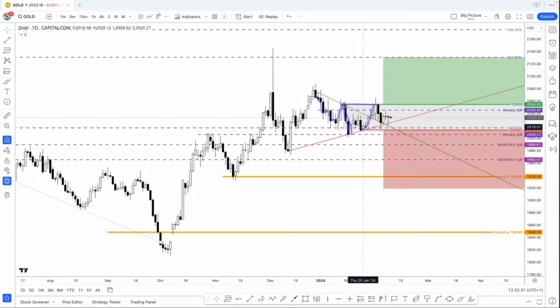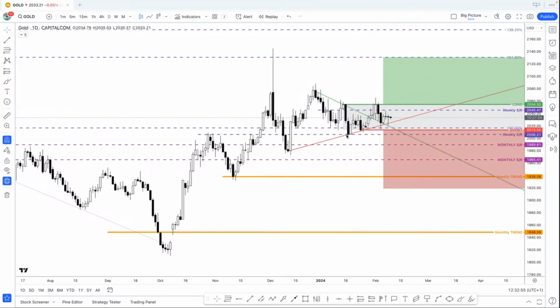So right now, this is the place. If the daily closes above this level, then our next target is here and here. So from here to here to here, it's a nice opportunity to go long on the gold.